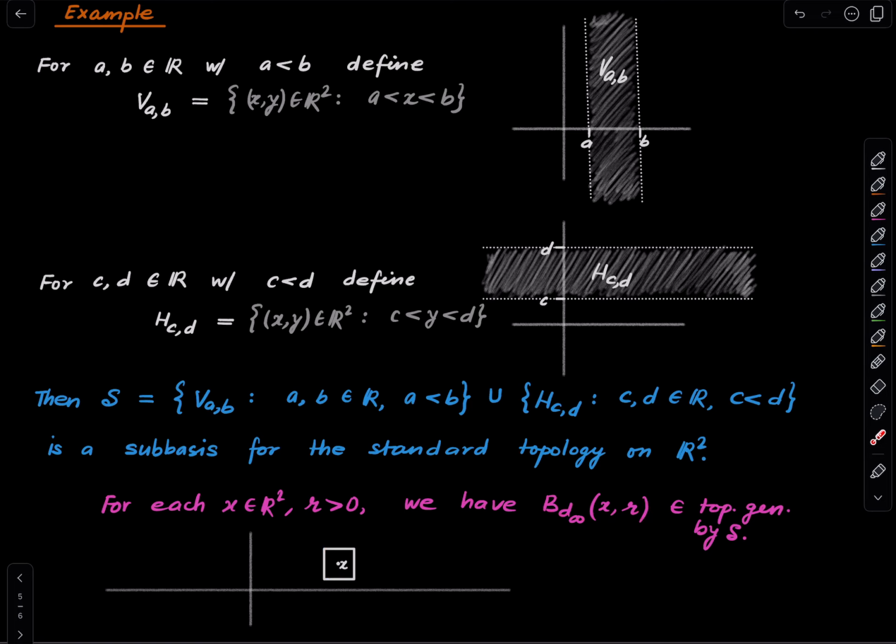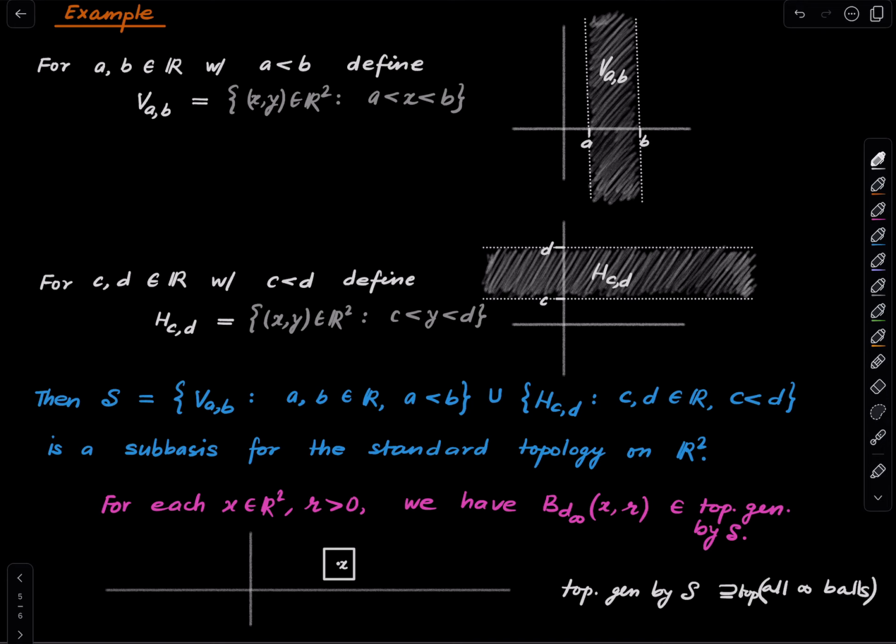So the topology generated by S contains every infinity ball, and hence it contains the topology generated by the infinity balls. The topology generated by S contains all infinity balls, and hence contains the topology generated by all the infinity balls.